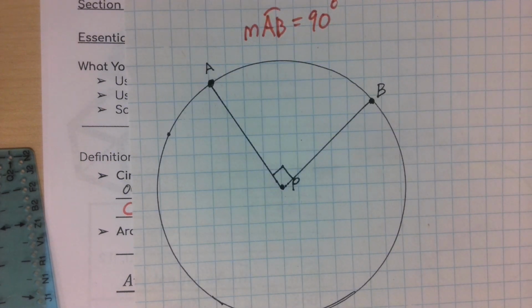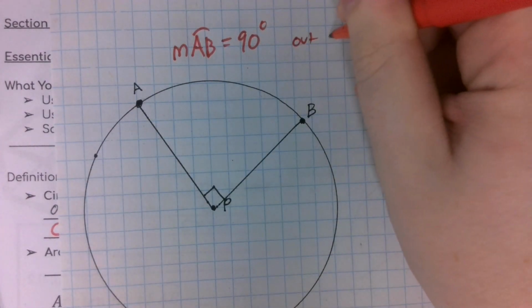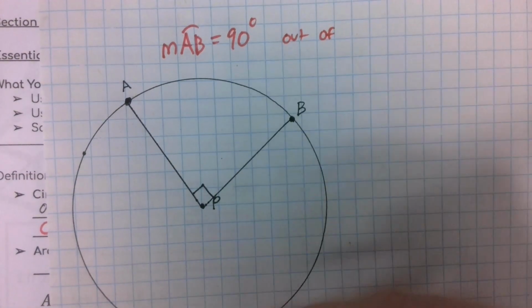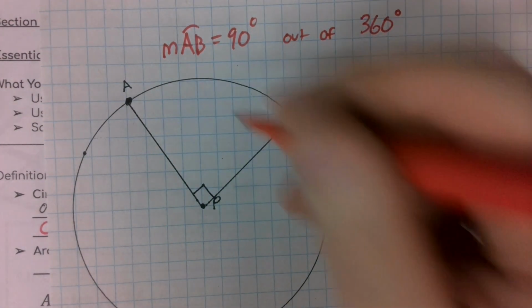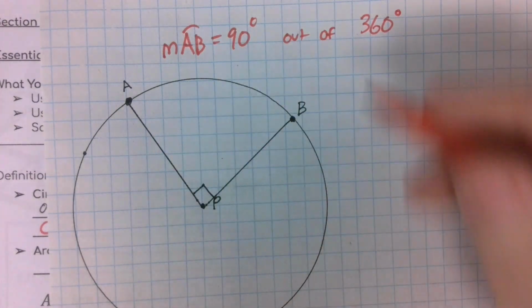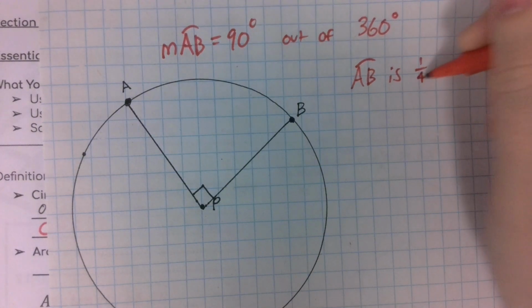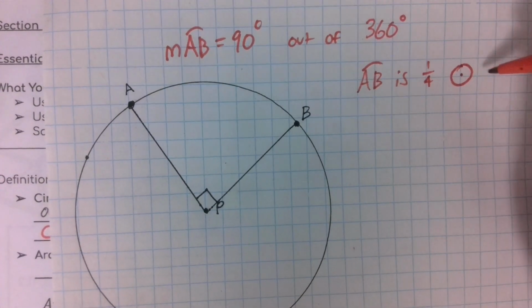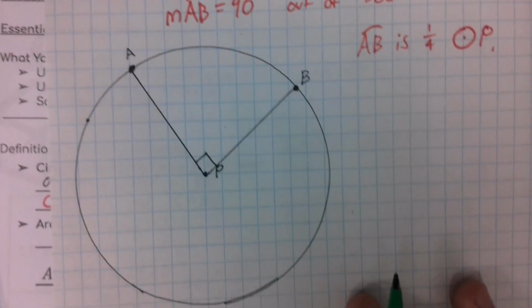The thing is, this is 90 degrees out of the total degrees in a circle, which is 360. We now know that arc AB is a quarter of circle P. Let's say I happened to give circle P a circumference, though, a total length.